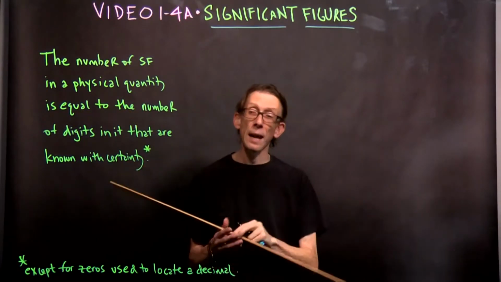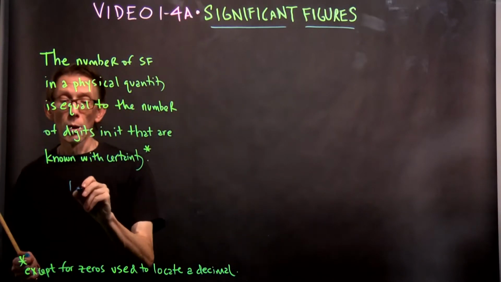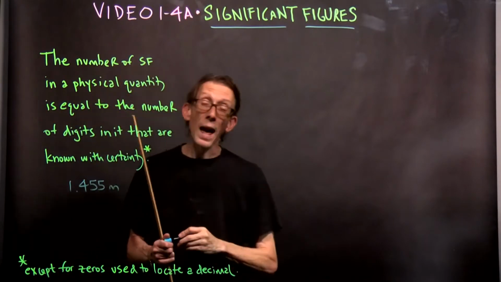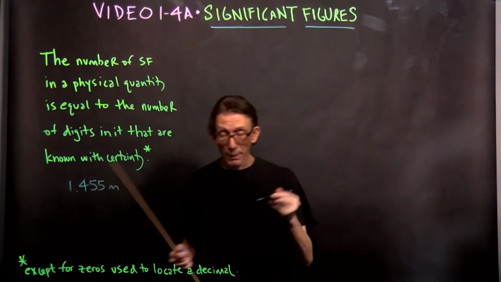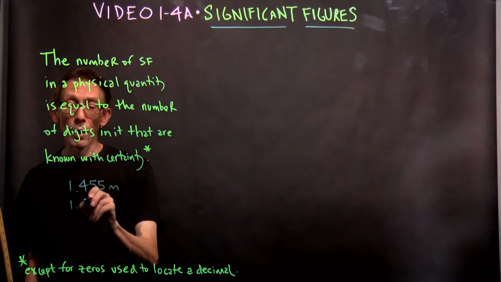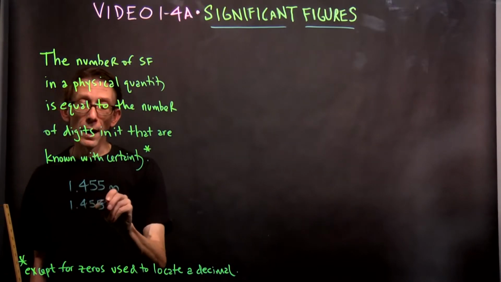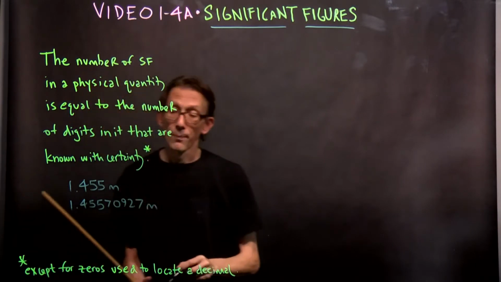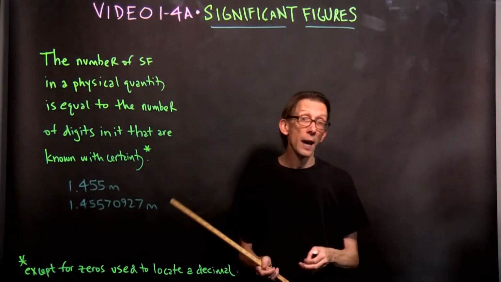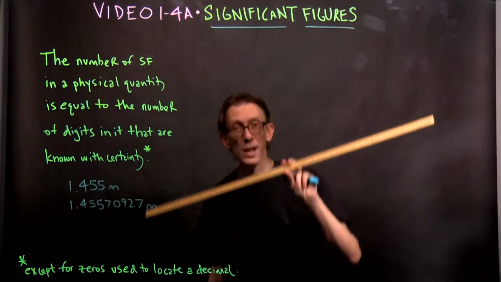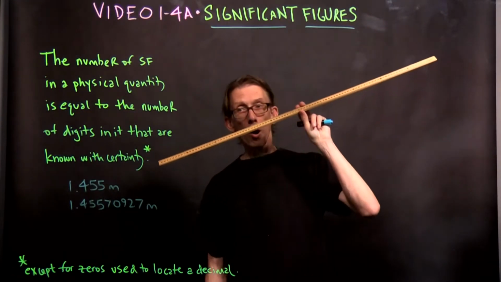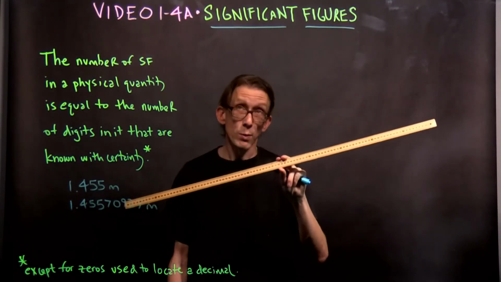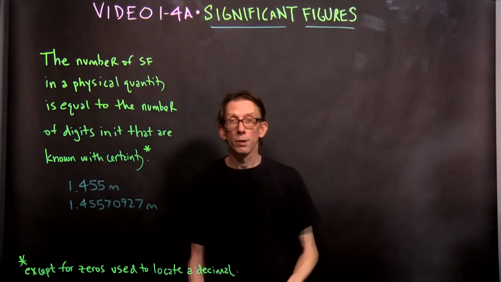So if I came back to you with 1.455 meters, that would be pretty believable. But again, if I came back to you with 1.4557097 meters, and that was my answer, you would have good reason to doubt me. All measured physical quantities are only known to so many significant figures.